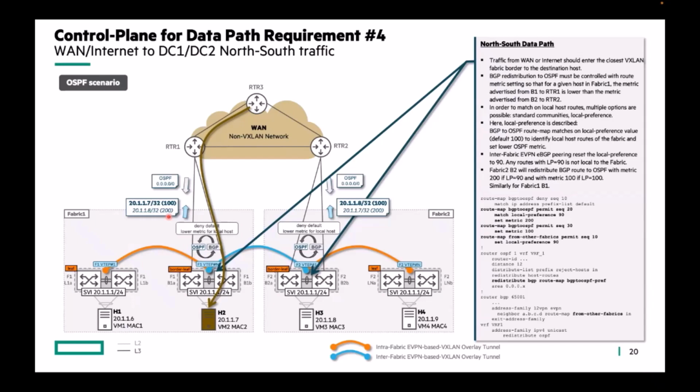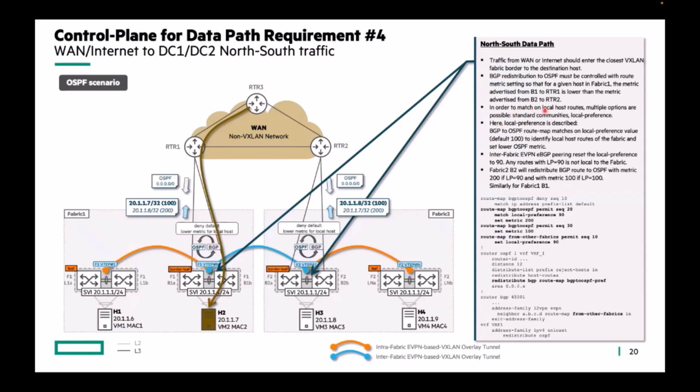I'll tell you how we are doing that through route maps, ensuring that the hosts from B1 get redistributed and have preference to local exit of our RTR1, so that the return traffic from north-south takes this path.